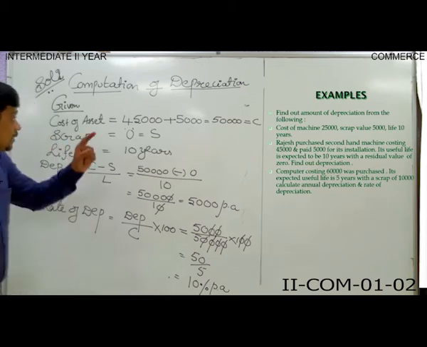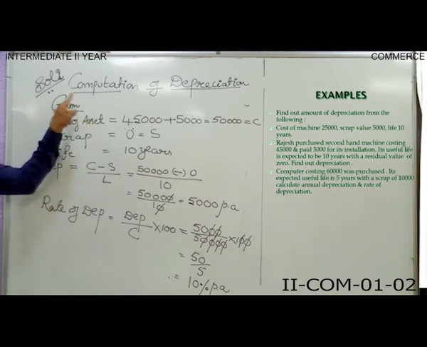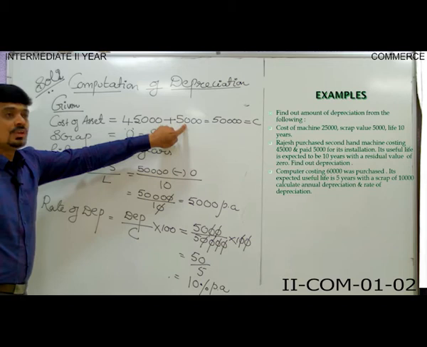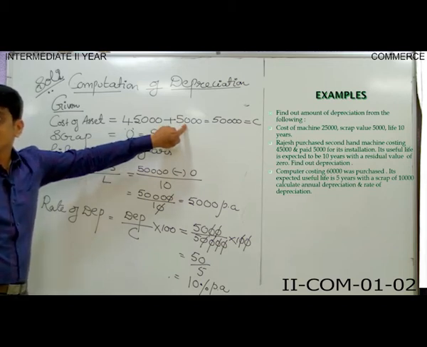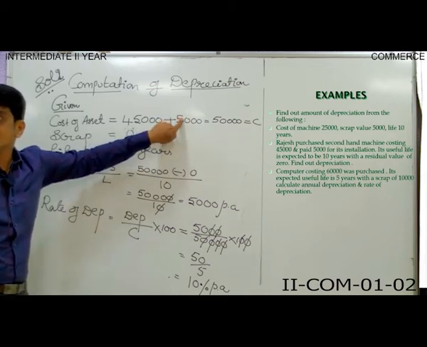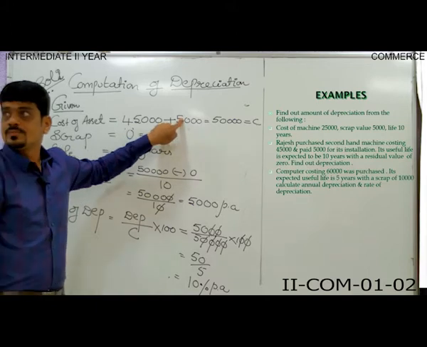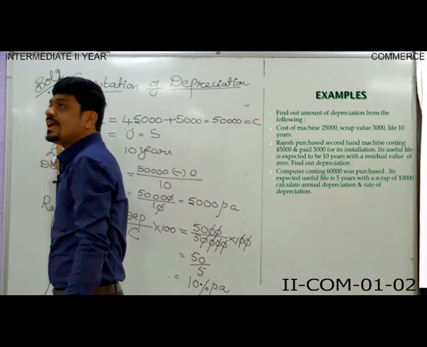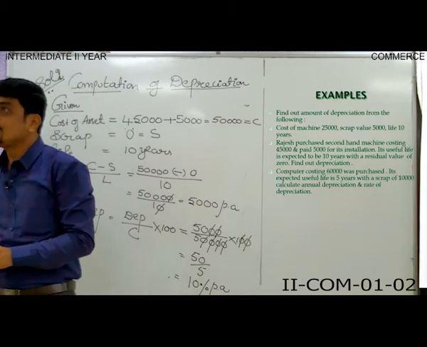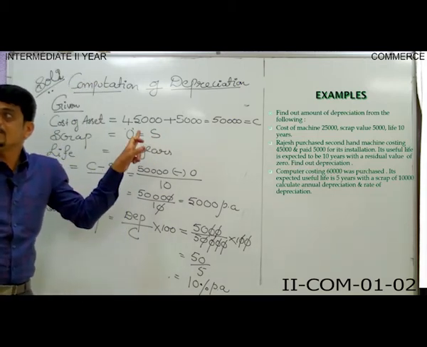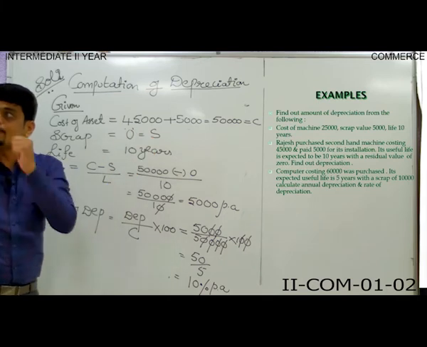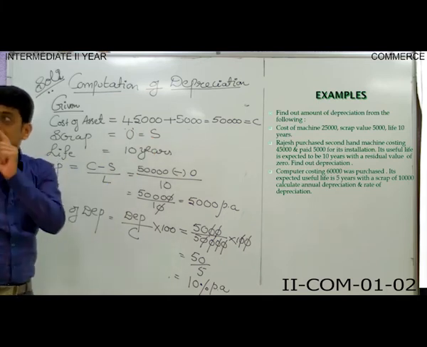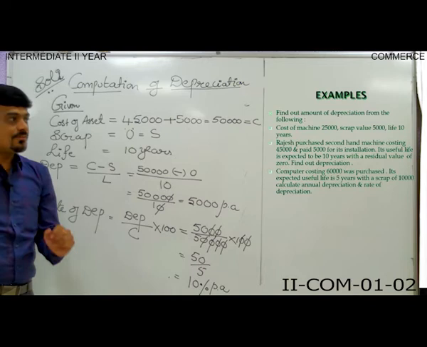Now, in the first problem there were no installation charges, but in the second question I gave installation charges. Then in the first question I gave scrap value, but here I did not give the scrap value. Third problem, you have to solve on your own afterwards.